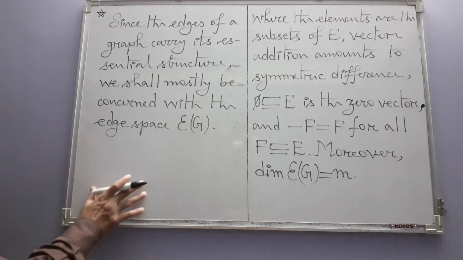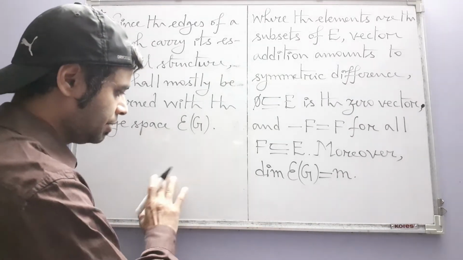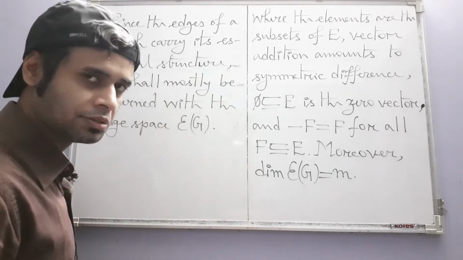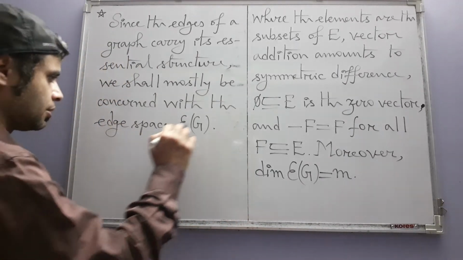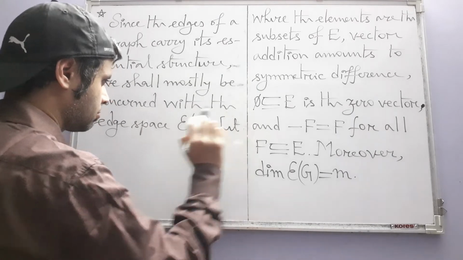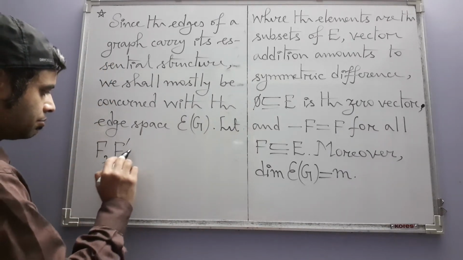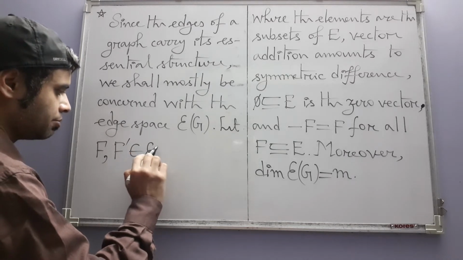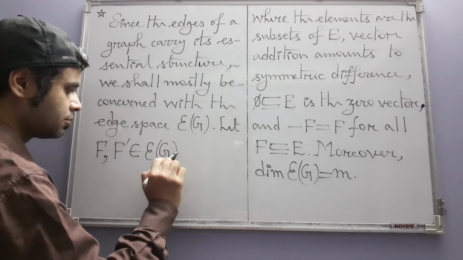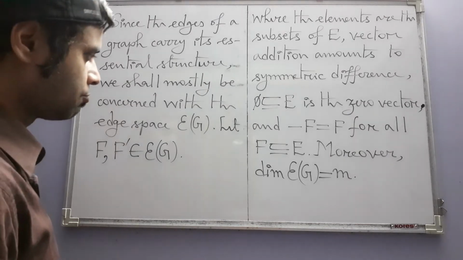Now next comes one thing about which we discussed towards the end of the previous video. Now let f and f prime be two elements in the edge space of G. What does it mean?